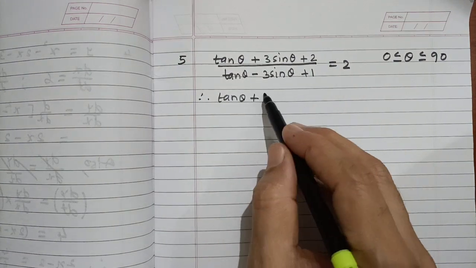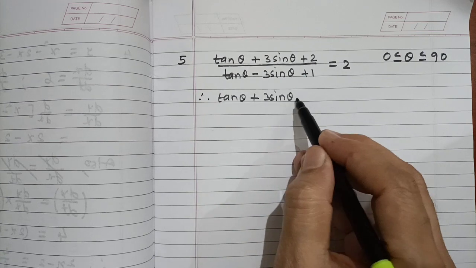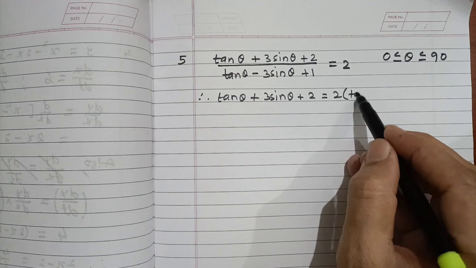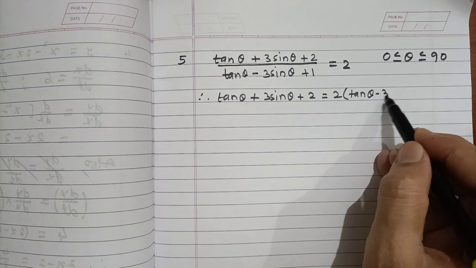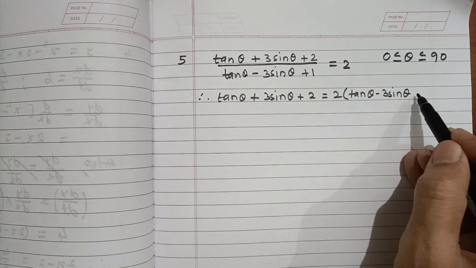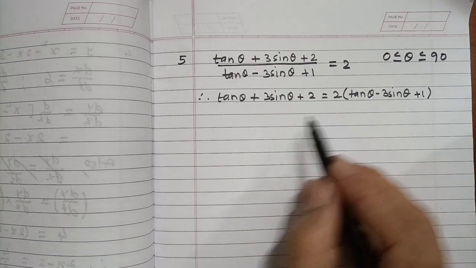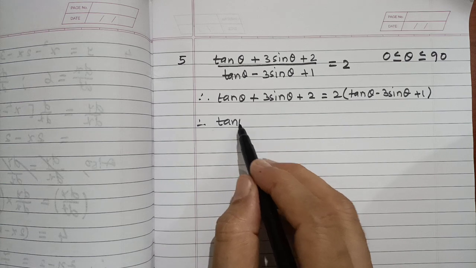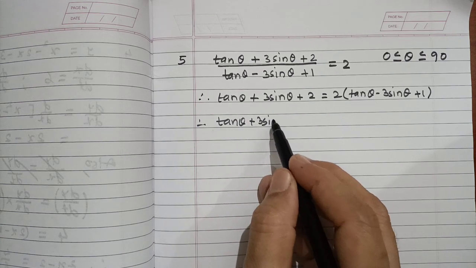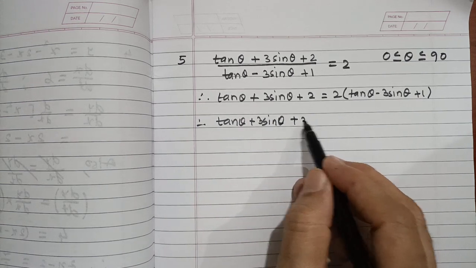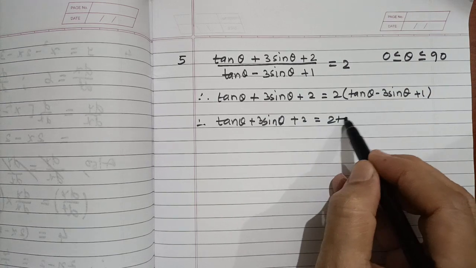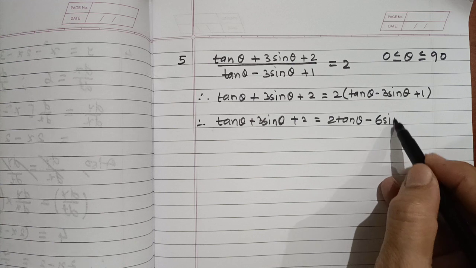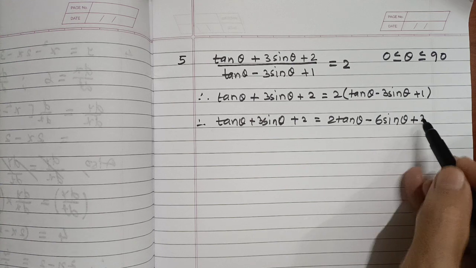So tan theta plus 3 sin theta plus 2 is equal to 2 times (tan theta minus 3 sin theta plus 1). Now this is tan theta plus 3 sin theta plus 2 is equal to 2 tan theta minus 6 sin theta plus 2.